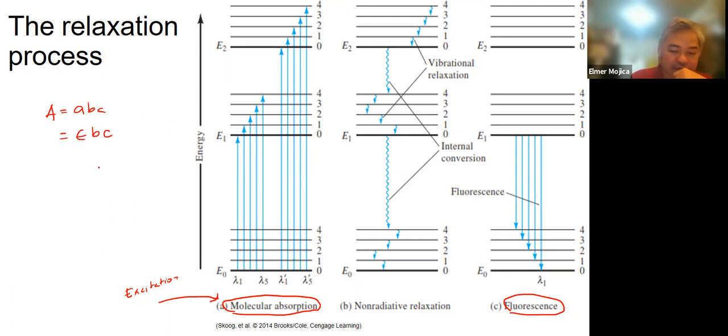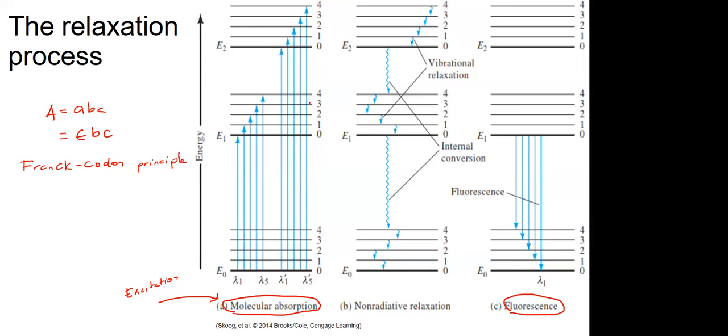Okay, so if we're going to look at the principle behind this molecular absorption, which is just similar to excitation, I'm not sure if you encountered this, the Franck-Condon principle. First time nyo ba narinig tong term? Okay.